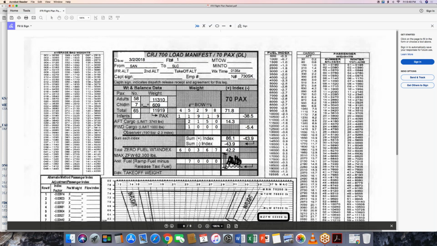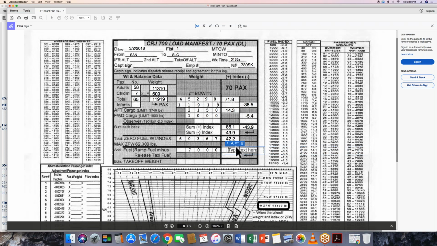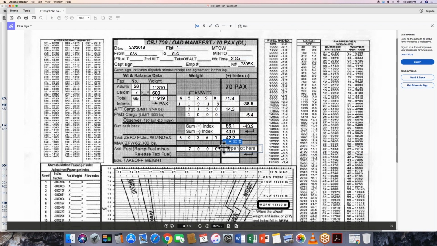Let's see. Okay. Let's figure out our index really quick. Once we get done with weight and balance, we'll take a break. So 7,000 pounds of fuel, what does that come to? I think it's a minus 2.8. I can't quite see. So 7,000 pounds, 2.8.